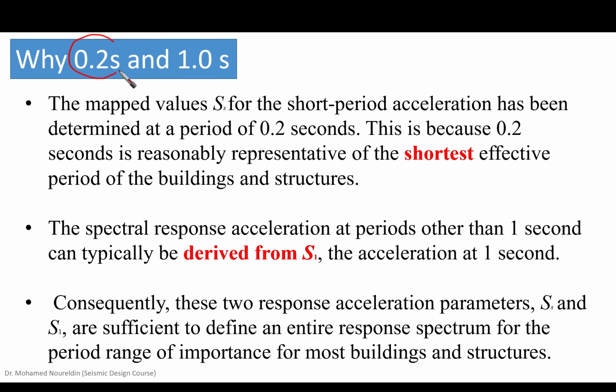Why have we chosen the points 0.2 seconds and 1 second? This one is representative of short periods, and this one is representative of longer periods. The rationale here is that 0.2 seconds is reasonably representative of the shortest effective period of buildings and structures.